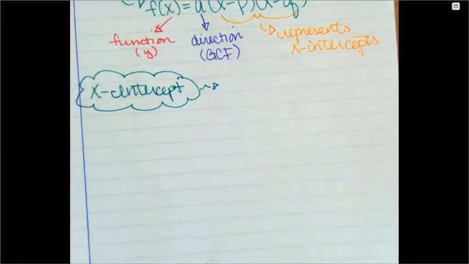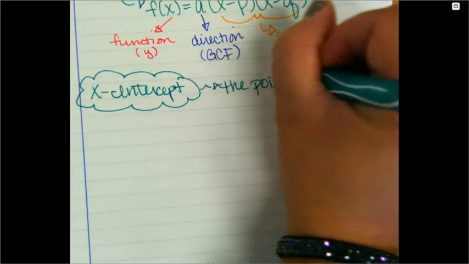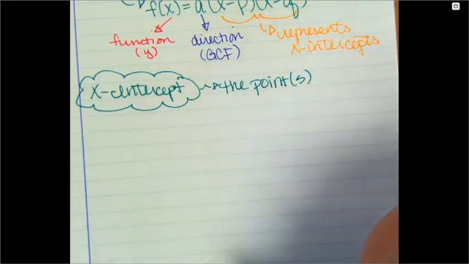All right, so what's the definition of x-intercept? What does it mean to be an x-intercept? Say it again. I can't hear you. It meets at the x-axis. It's the points, or in this case, points. Why can it be more than one?